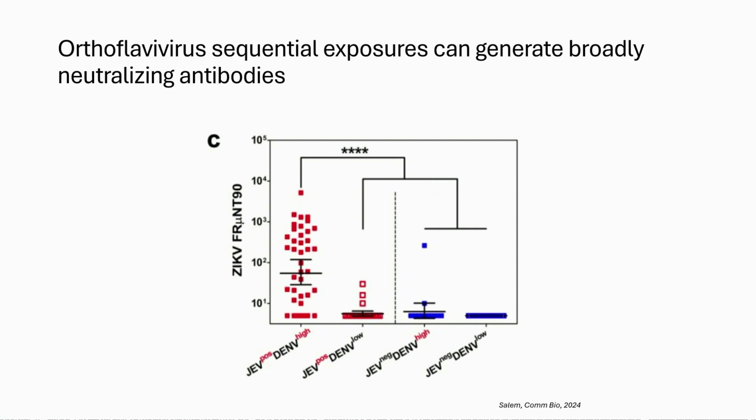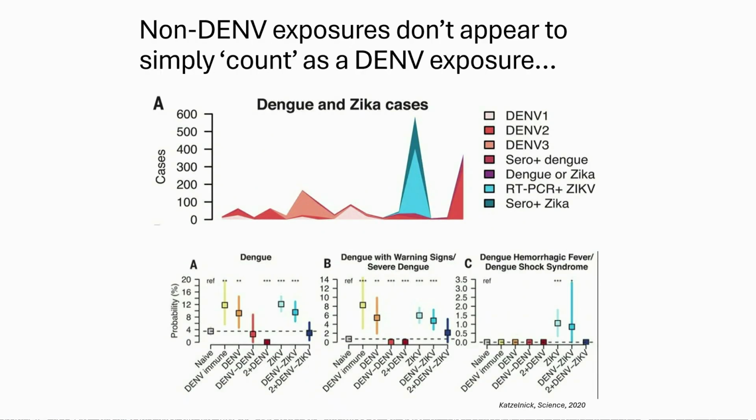But some of them had been exposed to dengue, some of them had been exposed to JE, and if they look at their potential to then cross-neutralize Zika, they see that if you'd been prior exposed to JE, they're presuming based upon the antibody profiles, and you have high levels of immunity to dengue, you can cross-neutralize Zika, suggesting that potentially with sequential exposures, you may be able to develop a broadly cross-neutralizing response.